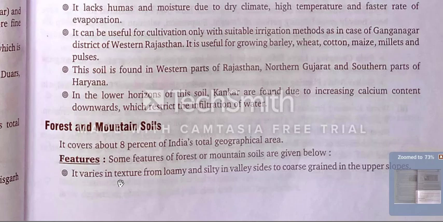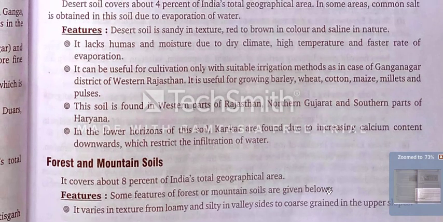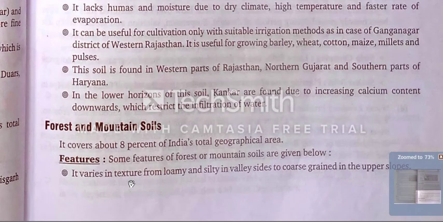Loamy means चिकनी बालुई मिट्टी, and silty means silt is found there. In valley sides, where the valley is, to coarse grained in upper slope. From here to there, it changes in texture, in structure. Clear?